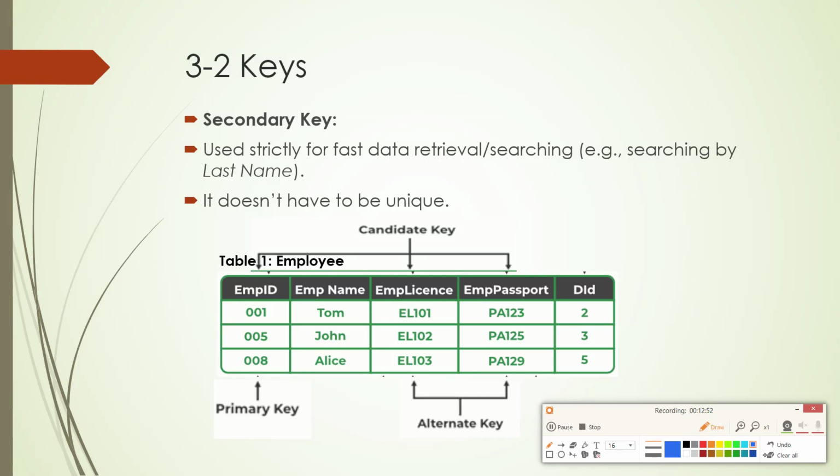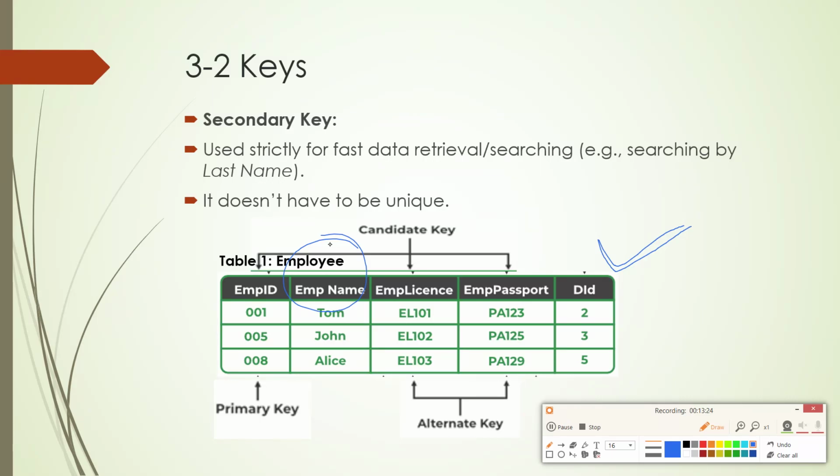For example, if this is the employee database and you want to frequently search based on employee name, this employee name could be repeating. Different employees could be within this database with the same name, but I would frequently search within this table to find out the employee and their passport number and their license number.